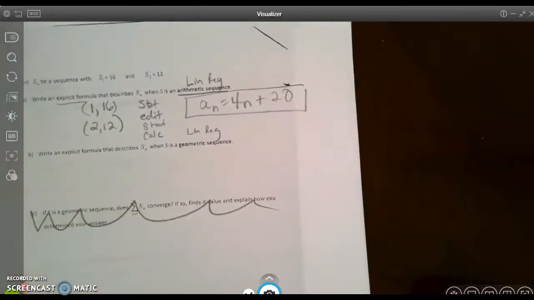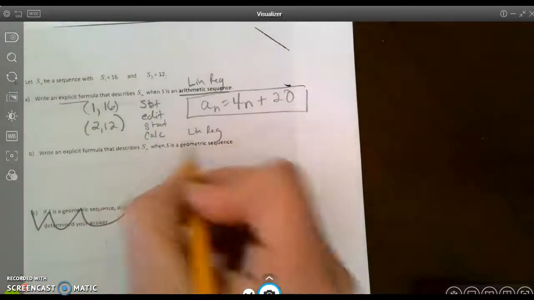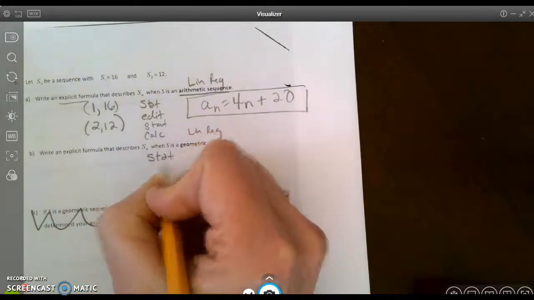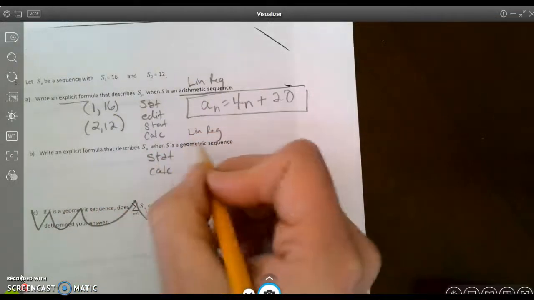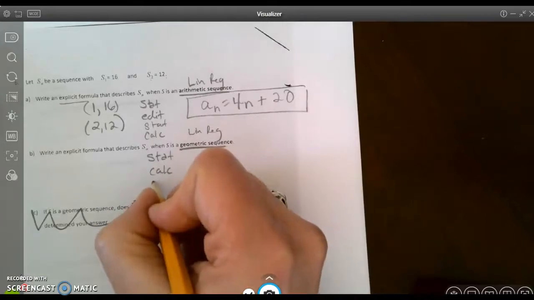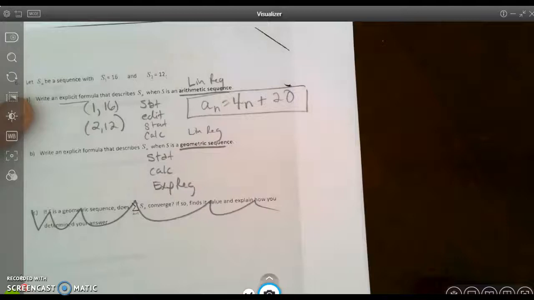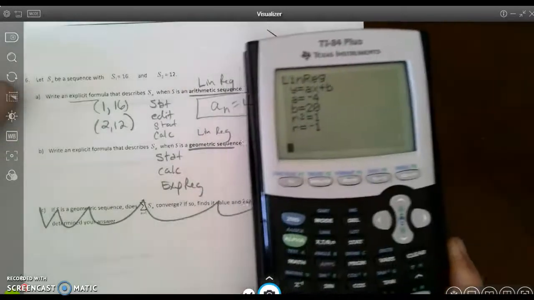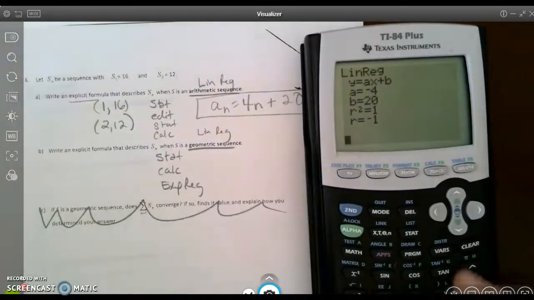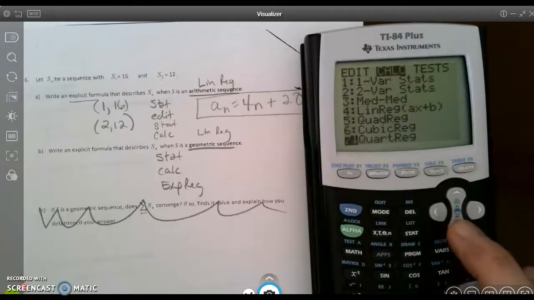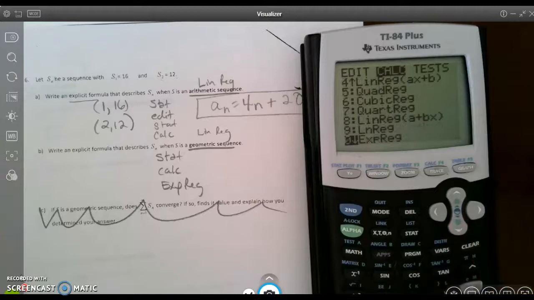Letter B, write an explicit formula when it's a geometric sequence. So I'm going to still do Stat and Calc, but this time, since it's geometric, I'm going to choose exponential regression. It's the same term, so I don't have to change anything there. So, Stat, Calc, exponential regression, because it's geometric.